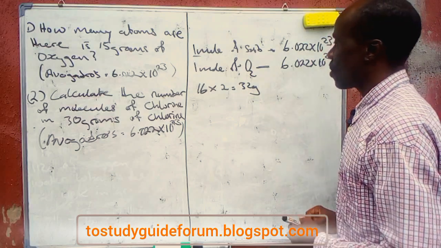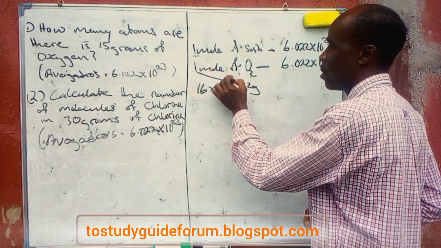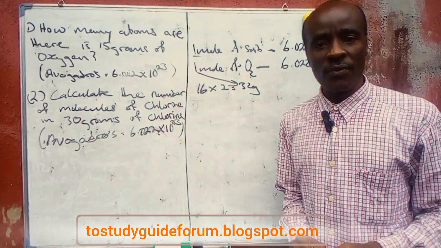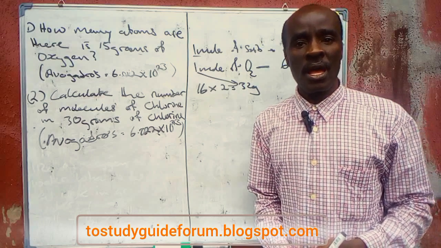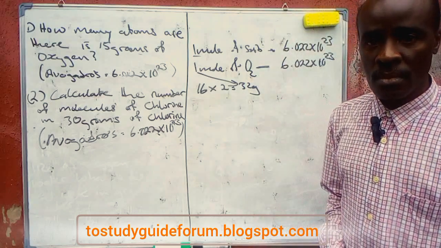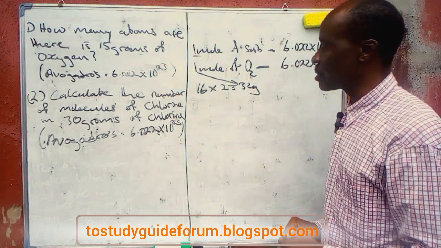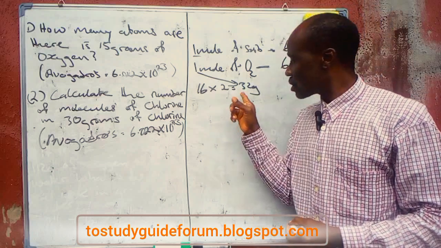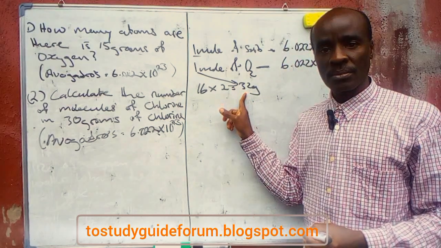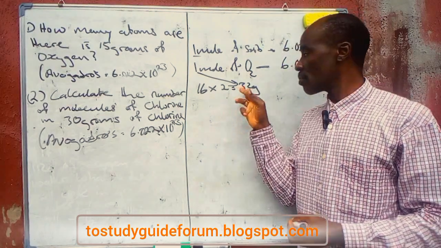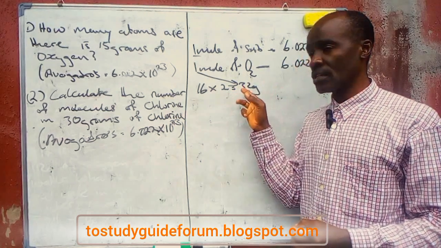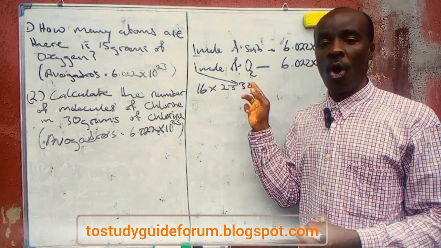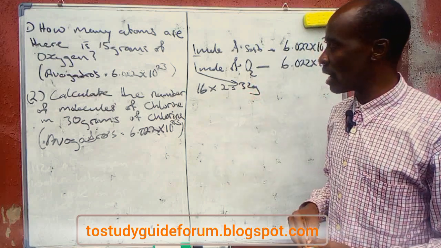One mole is the mass of a substance expressed in grams, so we have 32 grams. One mole of a substance represents this mass.